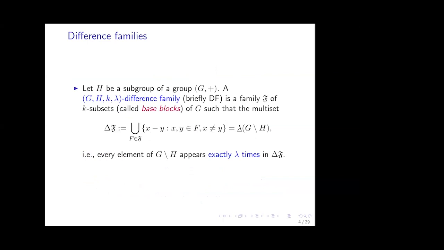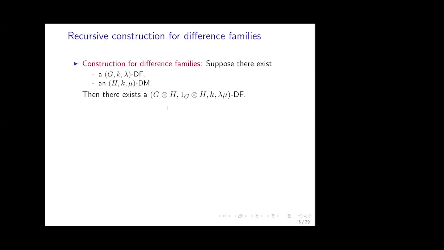Let H be a subgroup of group G. A (G, H, k, lambda) difference family is a family F of k-subsets of G, such that the multiset ΔF, which consists of all the possible differences contributed by the base blocks, covers each element of G minus H exactly lambda times. Then the family F is called a difference family.